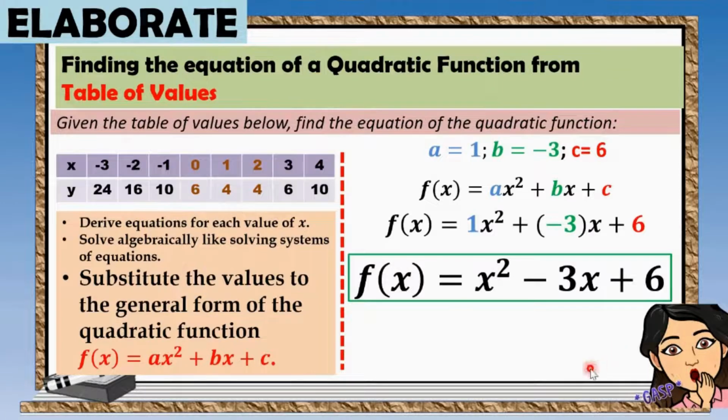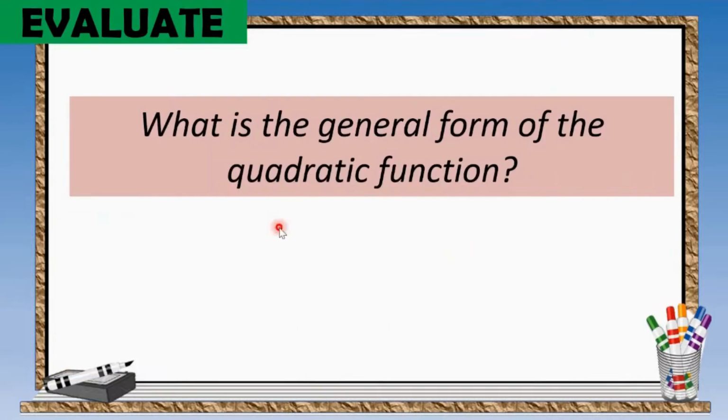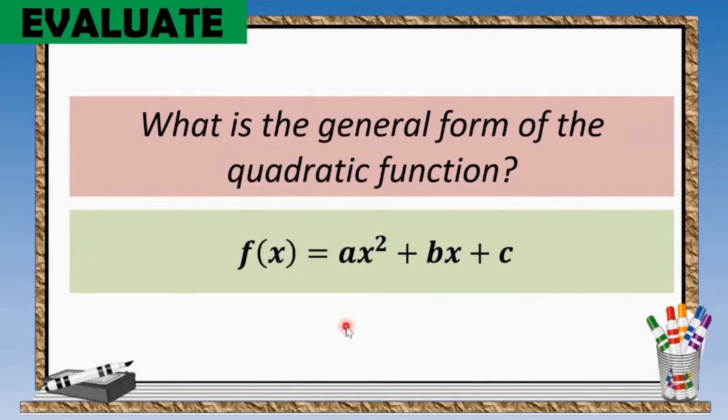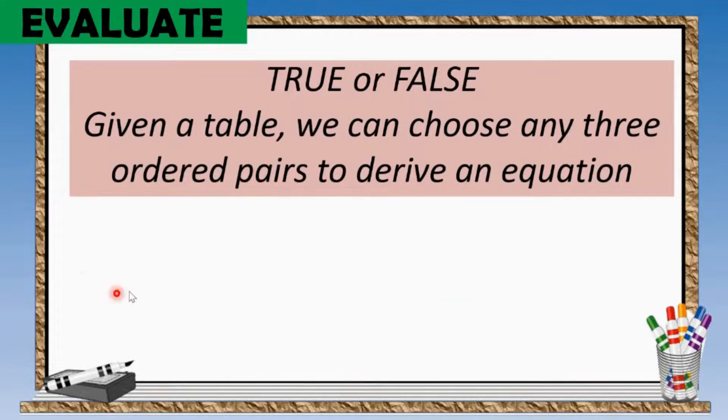Now, let's evaluate your understanding about the topic. So, the first question is, what is the general form of quadratic function? Yes, so we have f of x equals ax squared plus bx plus c. Next question, true or false?